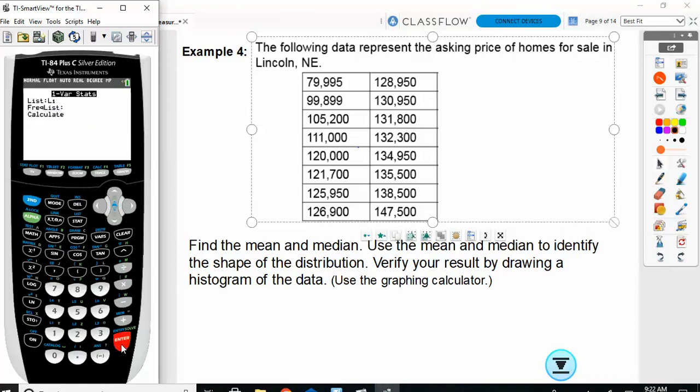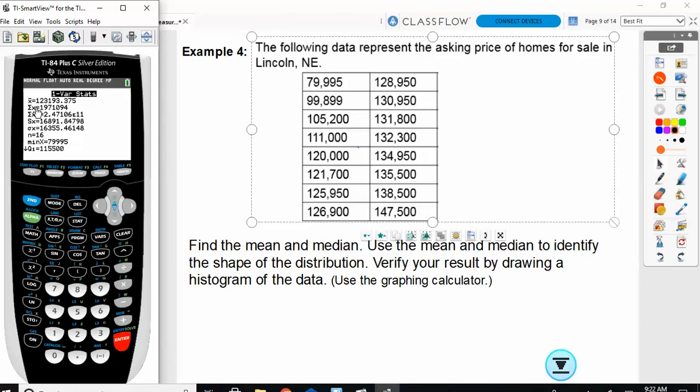Calculate, just hit enter. It comes up with a list of stuff for me. If I ask you for the mean of this data set, the mean is x bar, so that's $123,193.375.